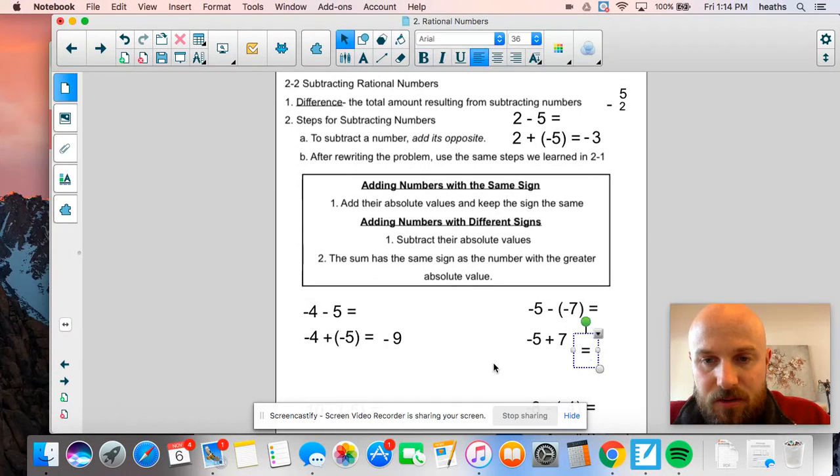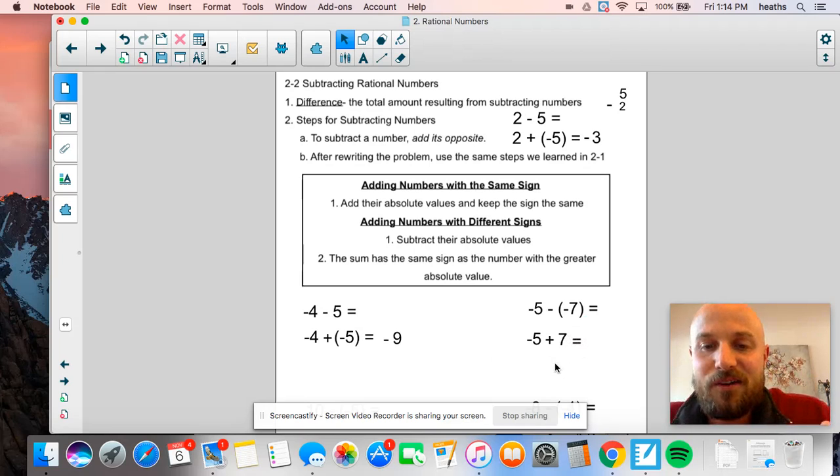And there you go. We just created a new problem, and I know we know how to deal with these because we've done a lot of them. -5 plus 7. We have different signs, a negative number and a positive number, so we're going to subtract absolute values. 7 minus 5, we're subtracting their absolute values. 7 minus 5 is going to give us 2.